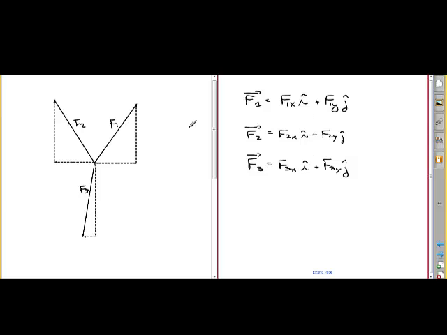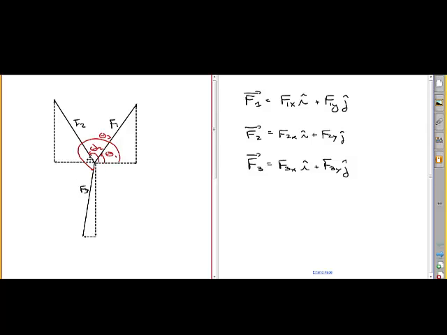And these would all be using the appropriate angle. So if we based it from the positive x-axis, this would be theta 1, this would be theta 2, and this would be theta 3.